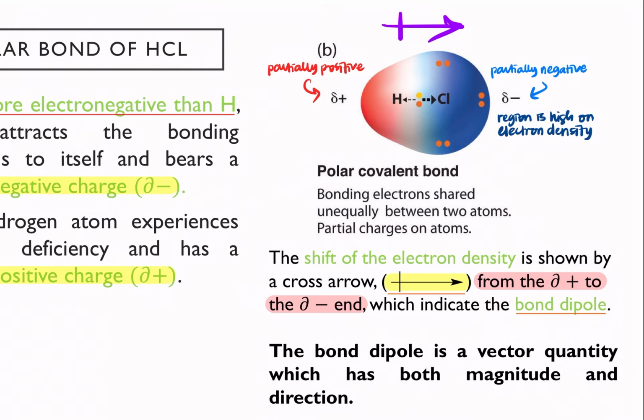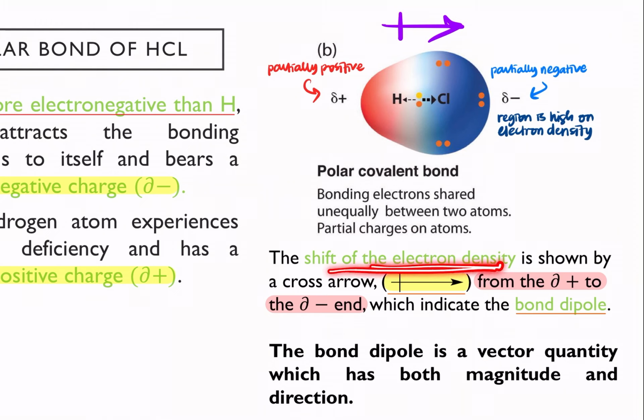So bond dipole, you will show it on your bonds. Okay, how? It is from delta positive pointing towards delta negative. Okay, so this bond dipole will show the shift of your electron density.